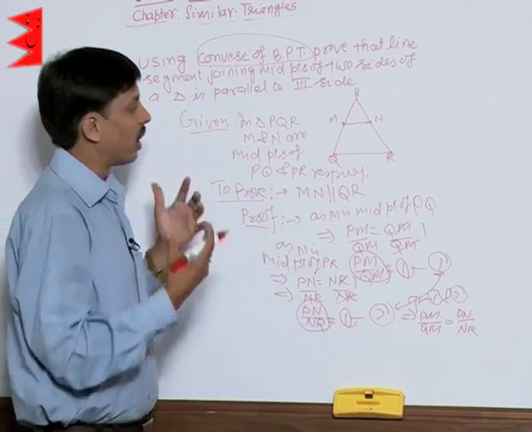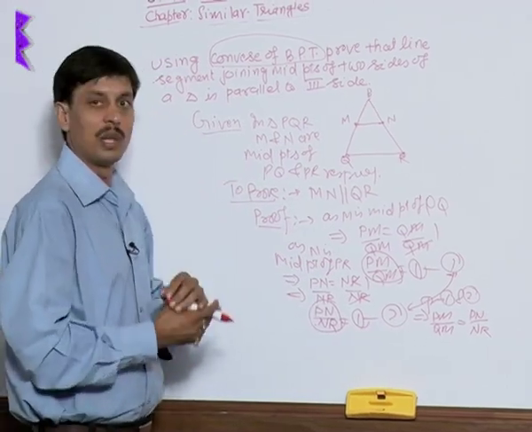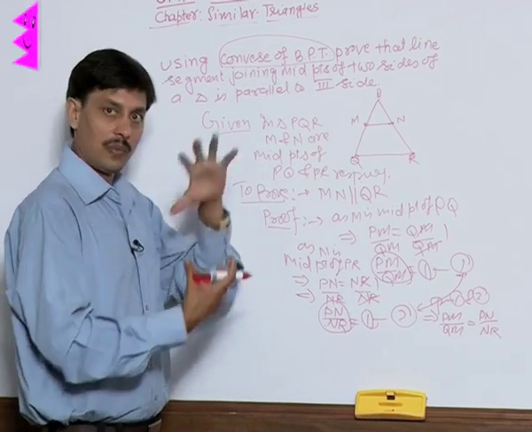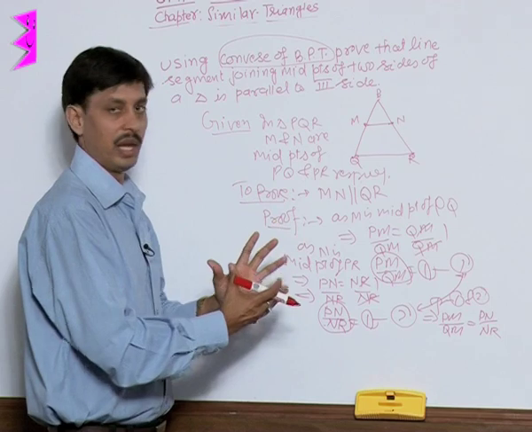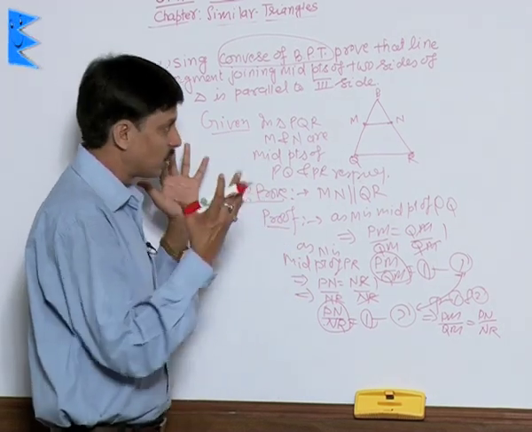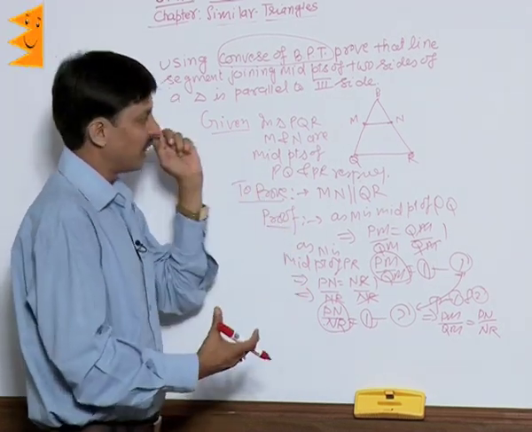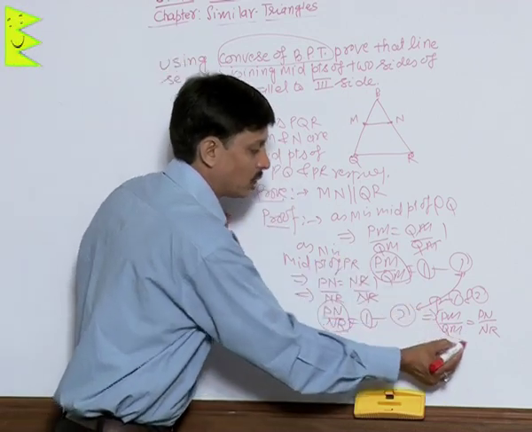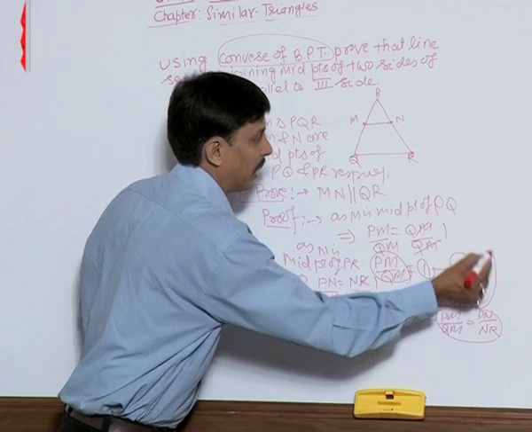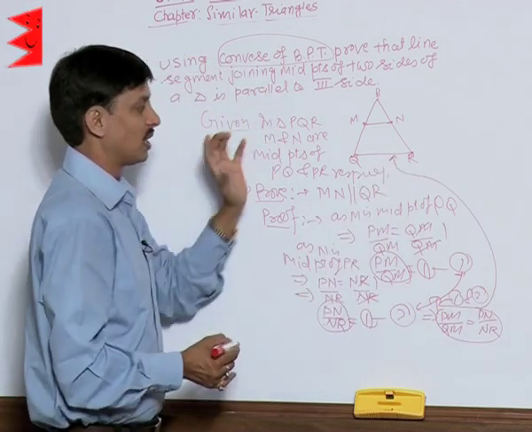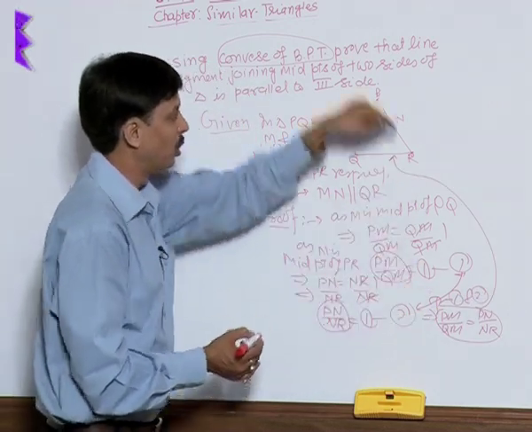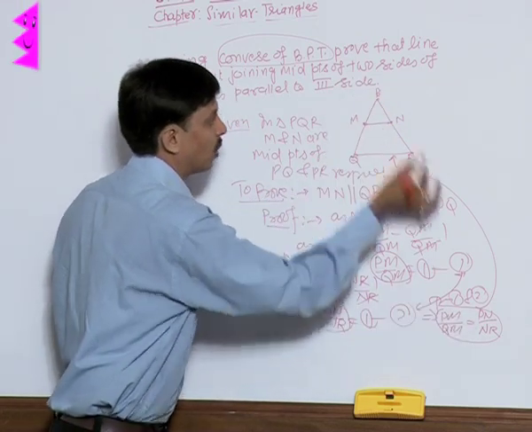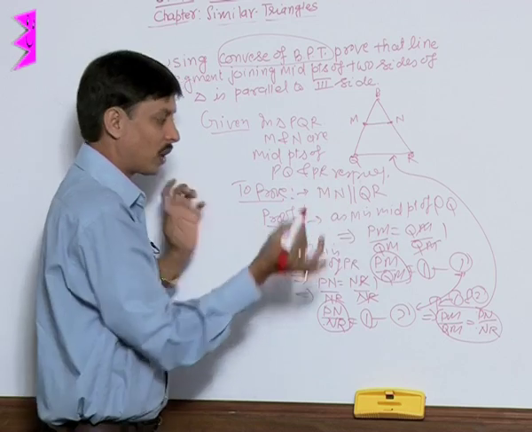Now I want to ask you to recall the statement of the converse of BPT. What is that statement? In a triangle, if a line is drawn in such a way that it divides the two sides in equal ratio, then it has to be parallel to the third one. So if we apply this with the statement of the converse, PM upon QM is equal to PN upon NR. So what are we finding?